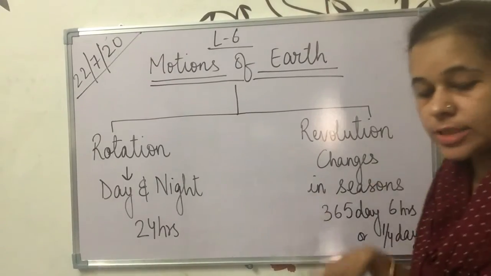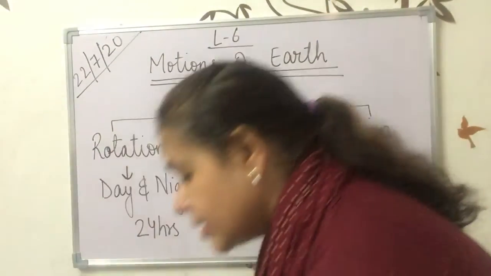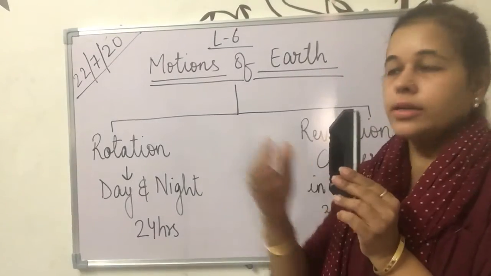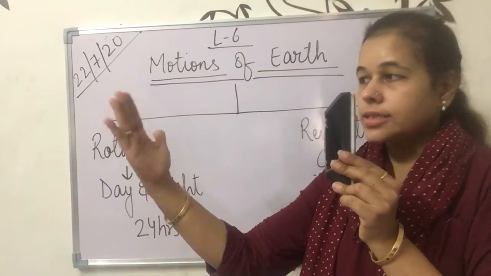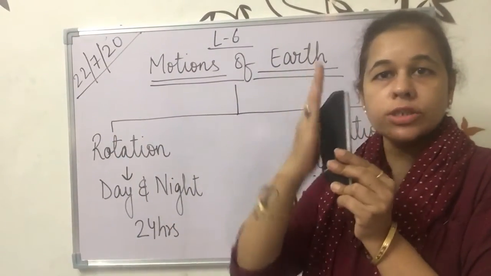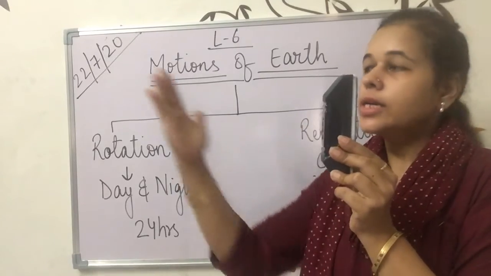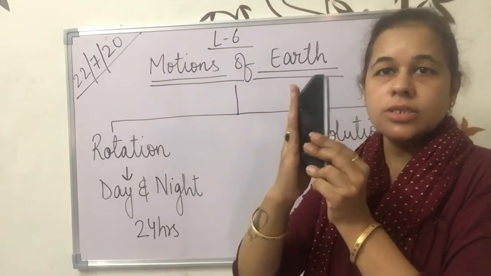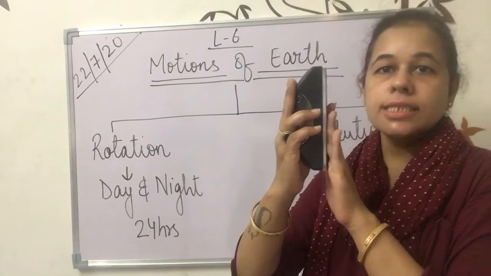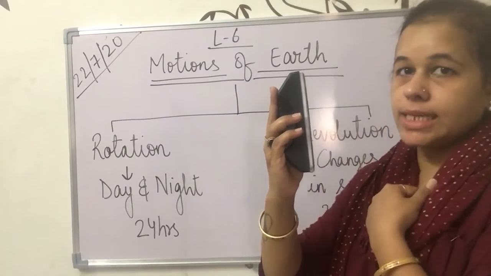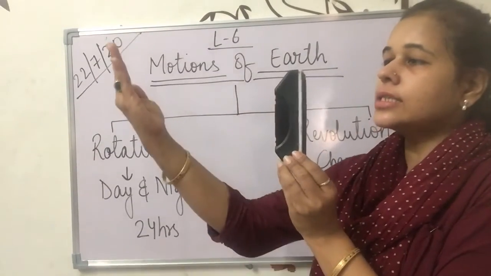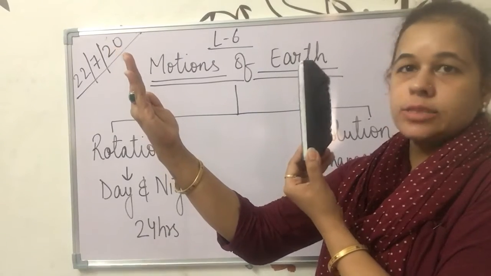As I explained to you before also, the sun is there. The sun is on this side, and the sun rays are falling on this side of the earth. Suppose that this is the earth. This part is receiving light, so it is having day, and this is the night, which is facing my side. Now as the earth rotates, it will take this position.